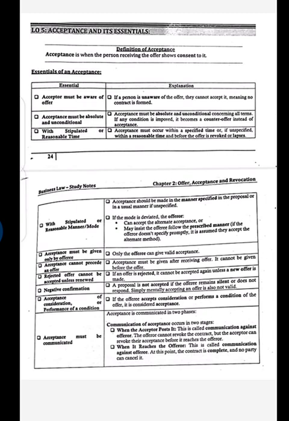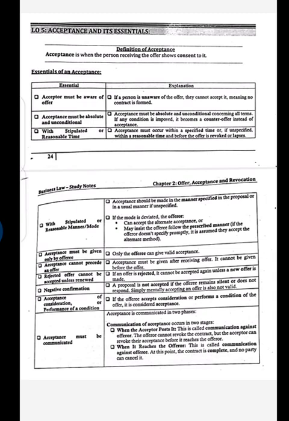The acceptor must be aware of the offer. Acceptance must be absolute and unconditional, within a stipulated or reasonable time, and in a stipulated or reasonable manner. Acceptance must be given only by the offeree. A rejected offer cannot be accepted unless renewed.